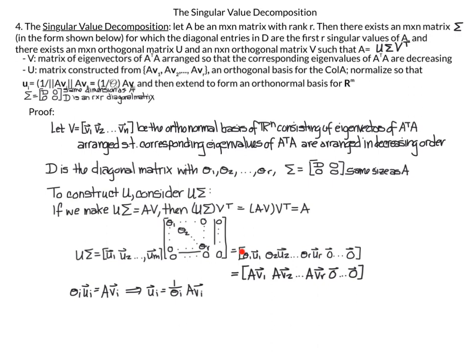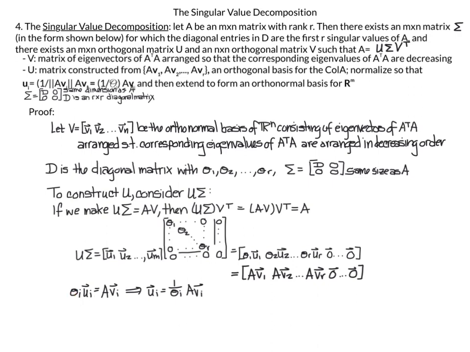So if we want U sigma to equal AV, it better look like AV1, AV2 up to AVr, 0, 0. So we're equating column vector by column vector.